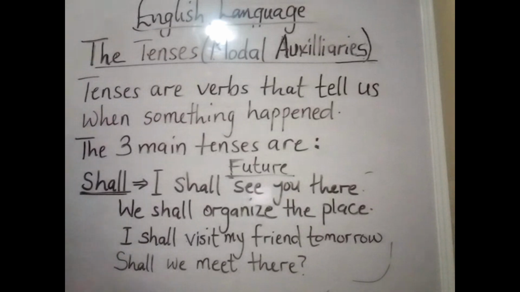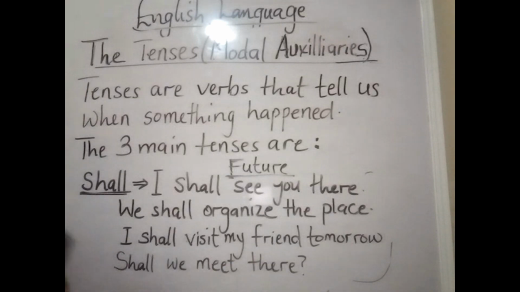Now let me say something about shall. Most of the time, shall is used for the first person. When you say first person, it refers to the speaker referring to himself or themselves. The speaker is the first person. The person the speaker is talking to is the second person. And a person that is not there, somebody being talked about, is the third person.